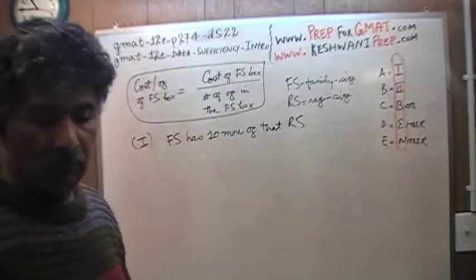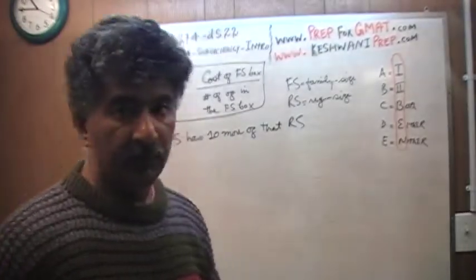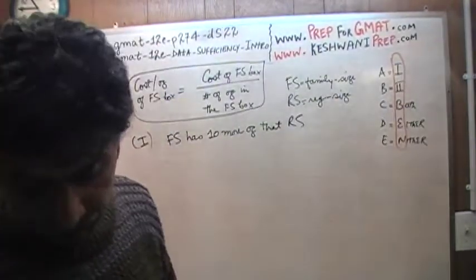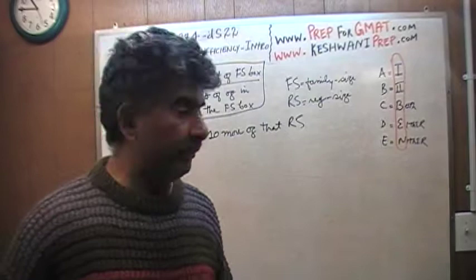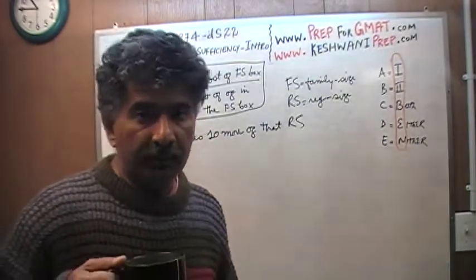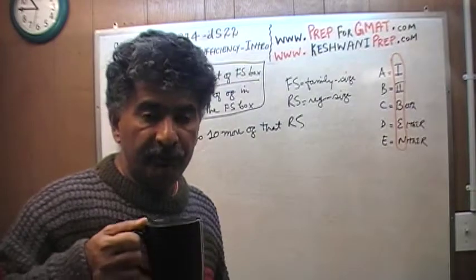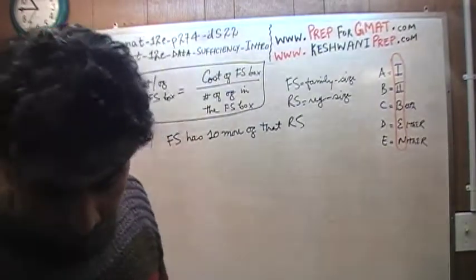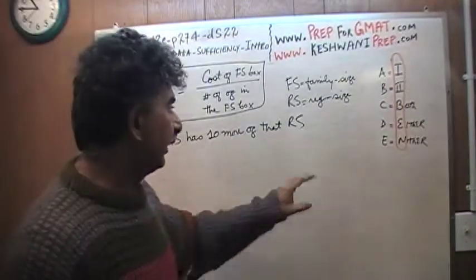Well, that does not tell me. All I know is that the family size contains more cereal. How much more? 10 more ounces. Whatever the regular size contains, family size contains 10 more ounces. But it does not tell me how many ounces are in the family size box, because we do not know how many ounces are in a regular size box.